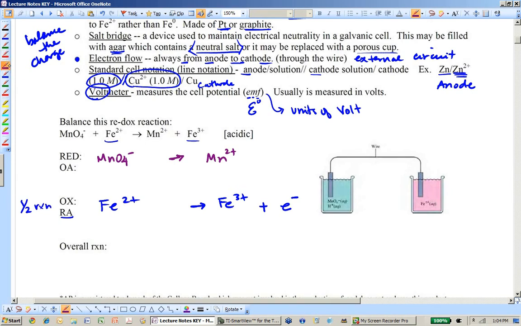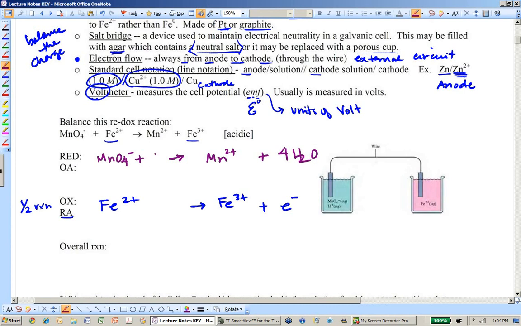So back up for the permanganate. I have 1 Mn on each side, which is fine. I have 4 O's on the left and 0 on the right, so I rectify that by adding 4 H2O's to get my 4 O's. And now you've gone and done it. Now you've introduced H's on the right, and you had no H's on the left, but that's okay, because if you remember your oxidation reduction rules, you can add as many H+ as you'd like.